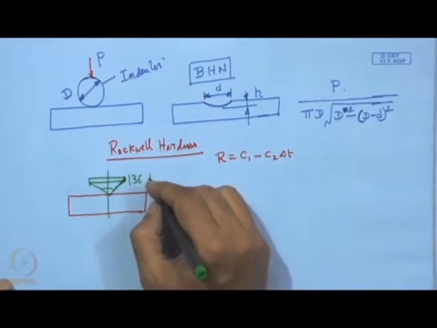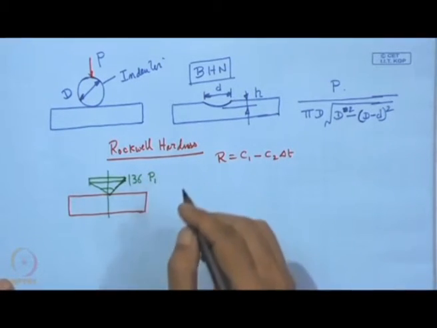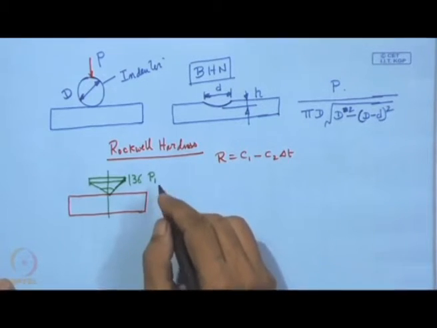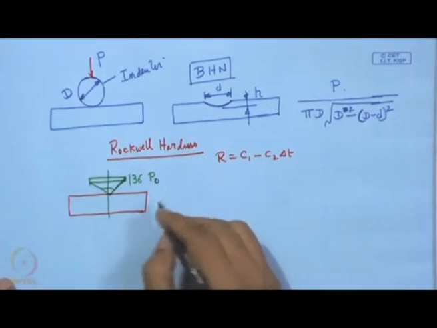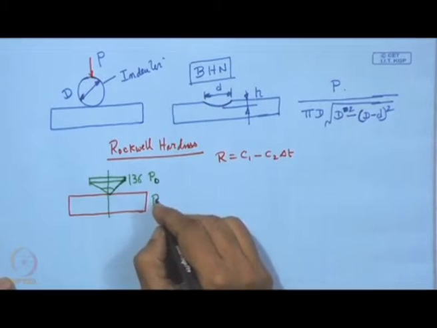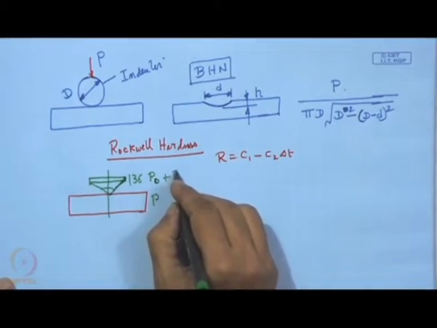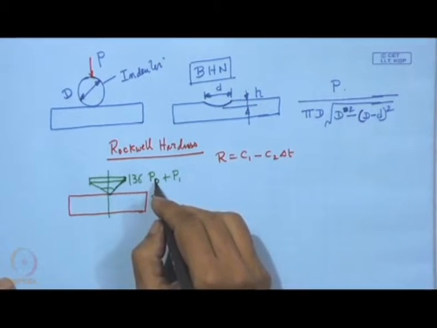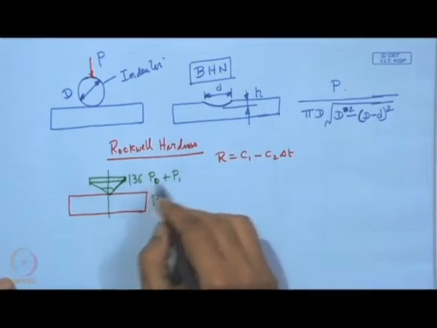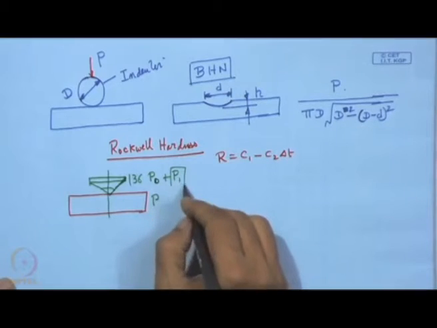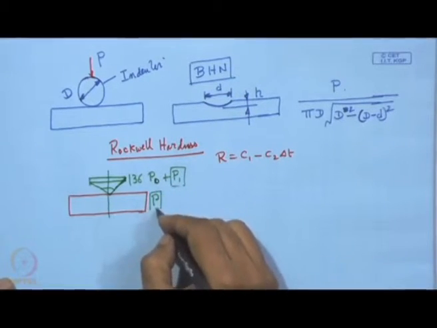So, there is one minor load and a major load. So, this is actually the minor load and then there is a major load by adding some load here. So, when this P0 plus P1 are added, that becomes the major load.